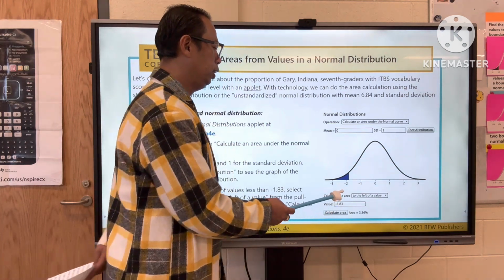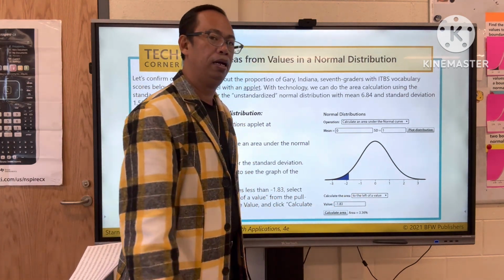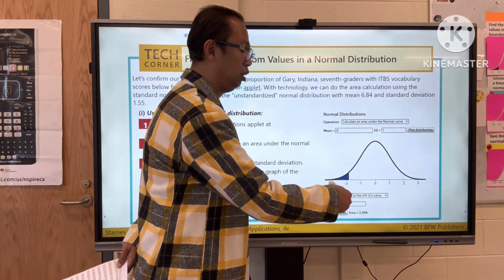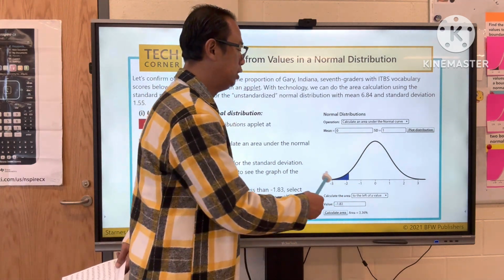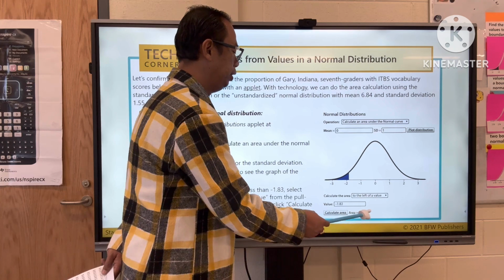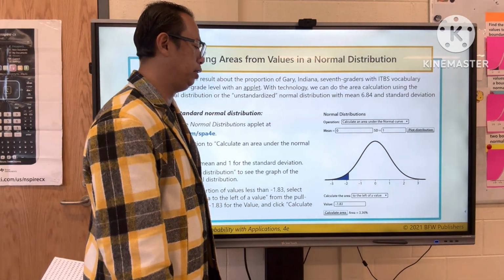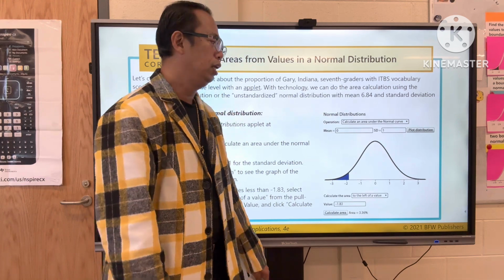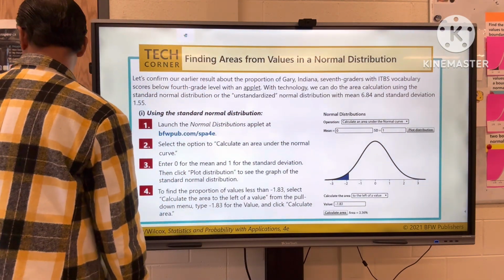And be careful, it should be to the left of the value, not to the right. To the left, because this shaded area is to the left, no? It's not to the right. So then you click the calculate area, then you will be having 3.36%. Okay? In applets, it's almost the same, no?